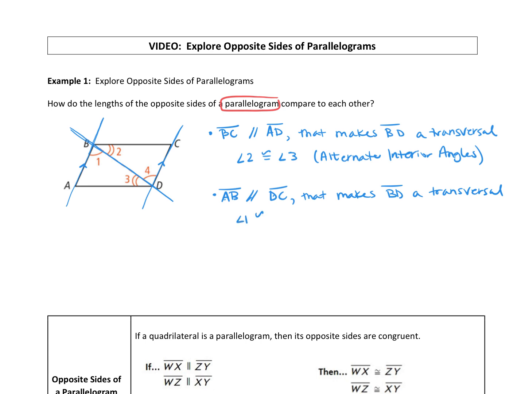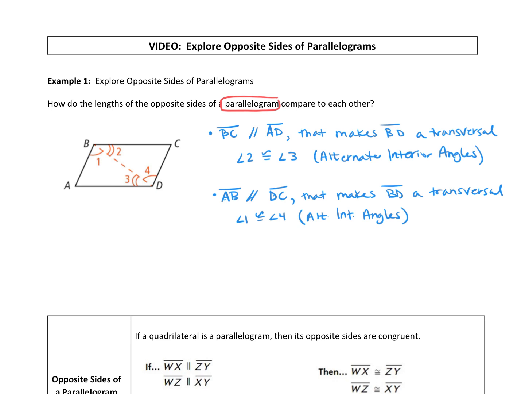So angle 1 is congruent to angle 4 because, maybe I'll abbreviate this time, they are alternate interior angles. All right, so we've got those congruent angles, and we can see that those angle congruencies are already marked. Here's angle 2 congruent to angle 3 and angle 1 congruent to angle 4.